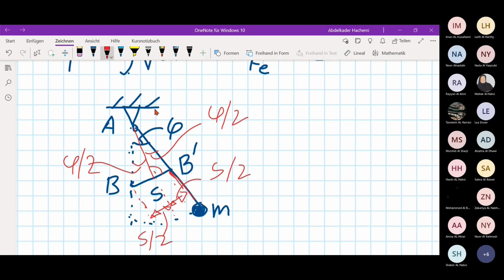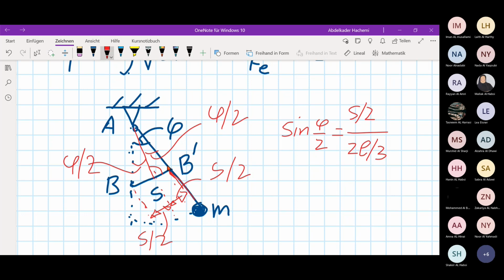That means here we have sine phi over 2 equal to S divided by 2, divided by 2L divided by 3. That is, the sine of phi over 2 is S over 2, this distance, divided by this distance.